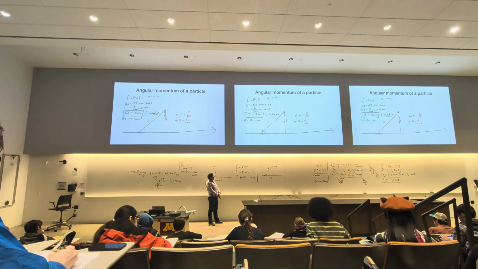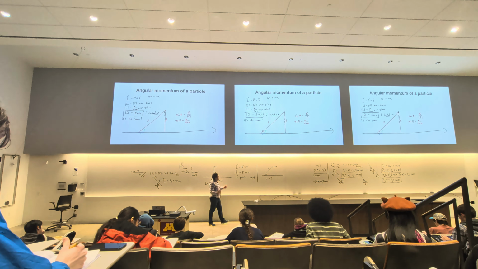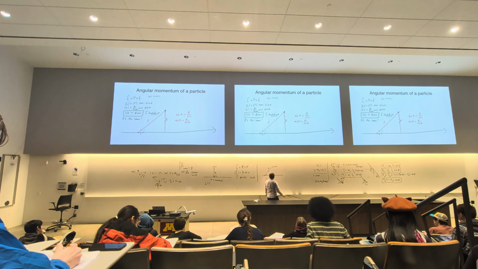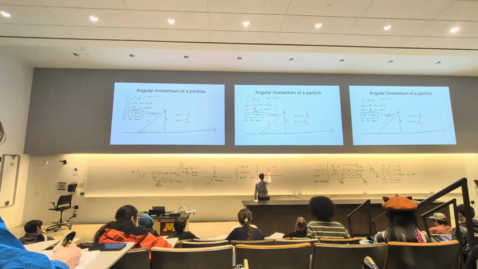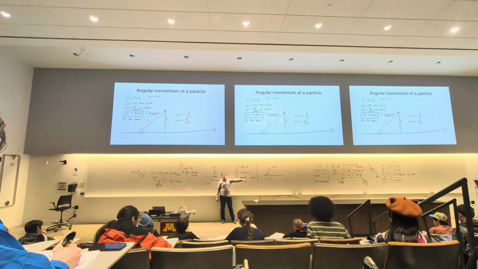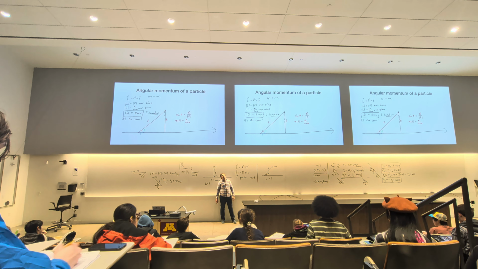And then, I don't know, we start calculating, right? So the angle between the radius vector and the velocity vector is theta. Velocity points in the same way as momentum.